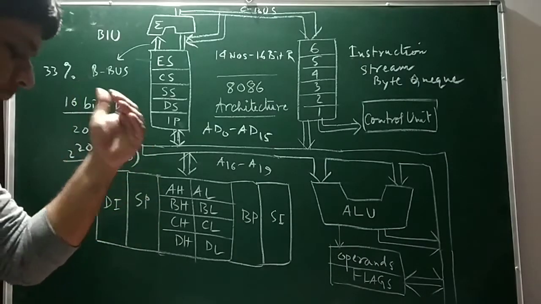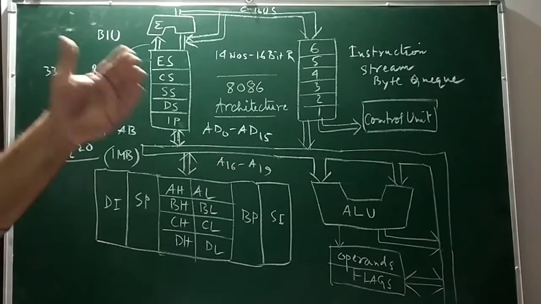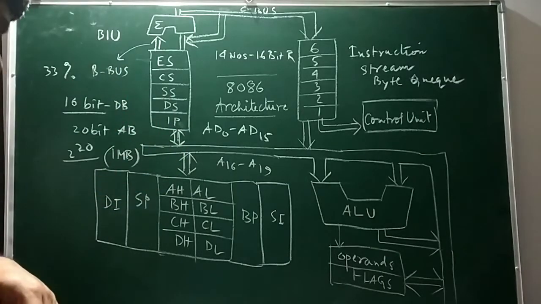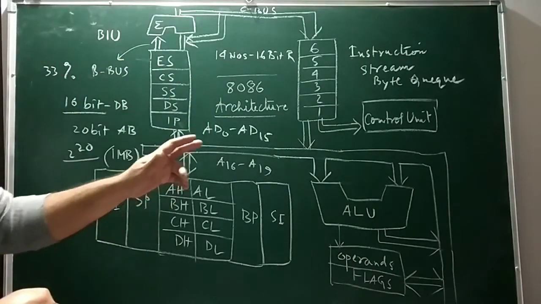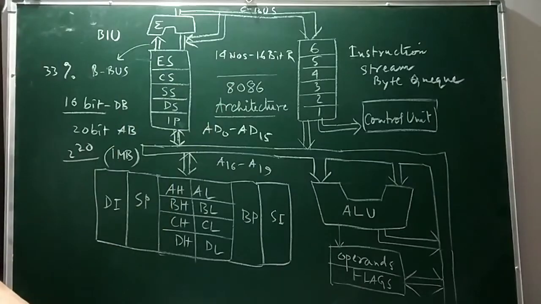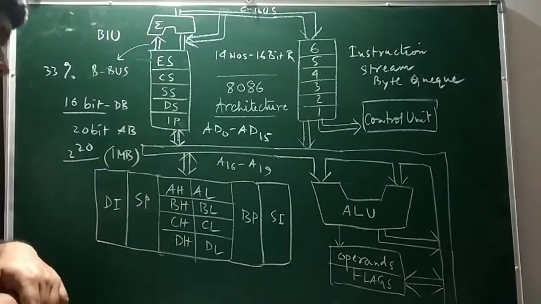One is minimum mode, another is maximum mode. So in 8086 we have two modes of operation. One will be minimum mode, another will be maximum mode.